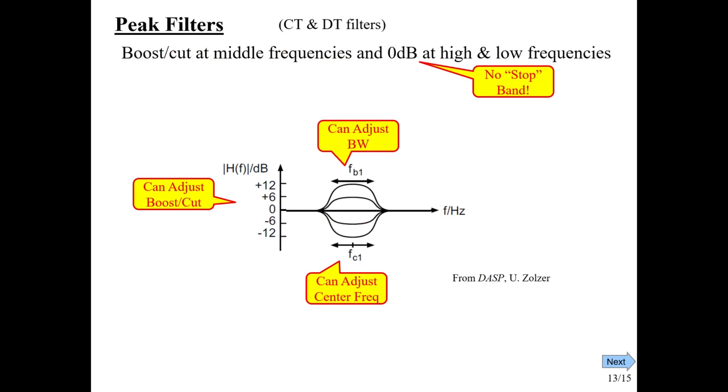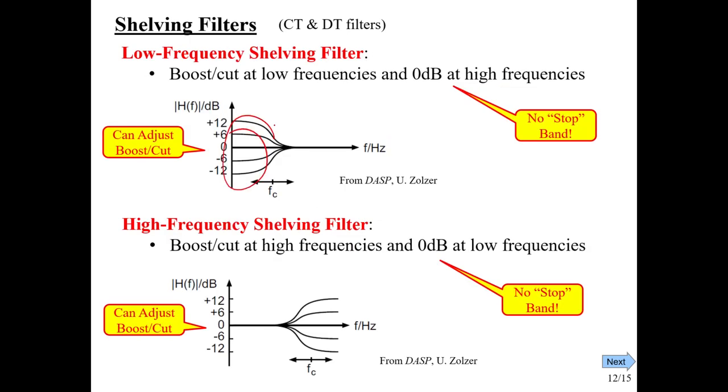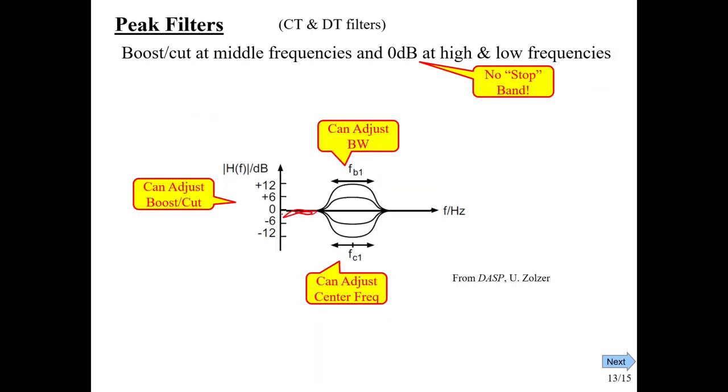And then we can have something called a peak filter, which kind of is in between those two, right? We had boosting down here, leaving. We had leaving down here and boosting up here. And now we're leaving low and leaving high, and somewhere in the middle we can either boost or cut.